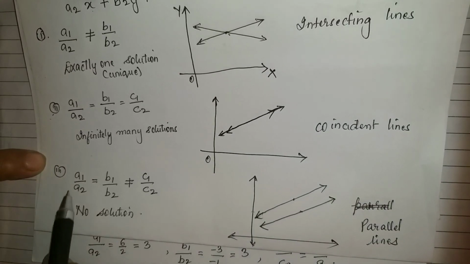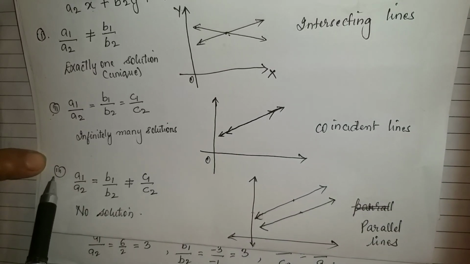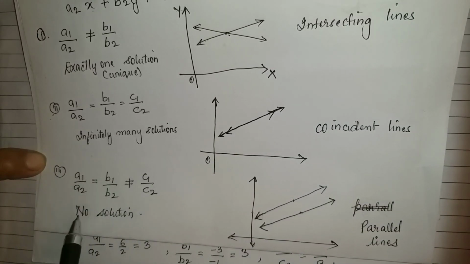So we are getting the third case where we get no solution, and the graph representing the two equations gives us parallel lines.